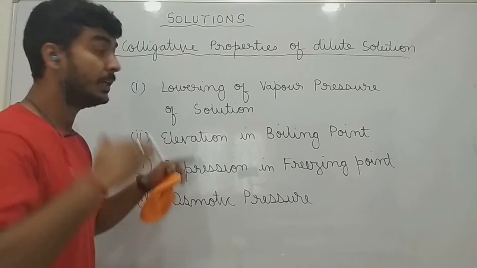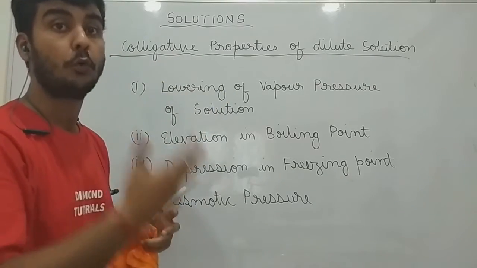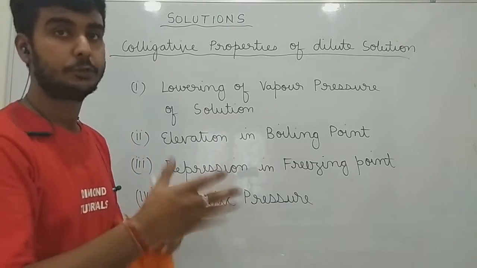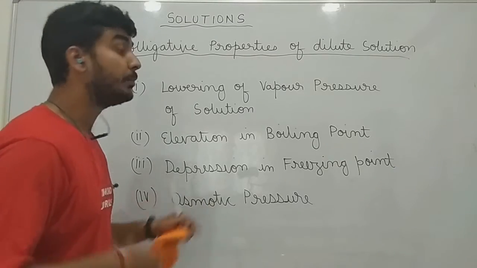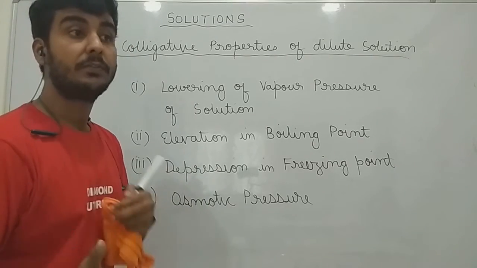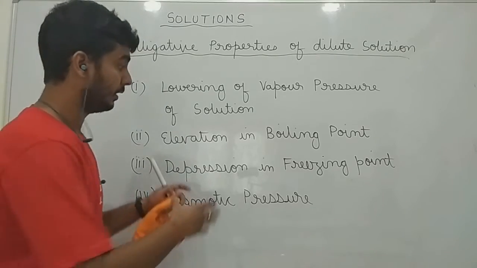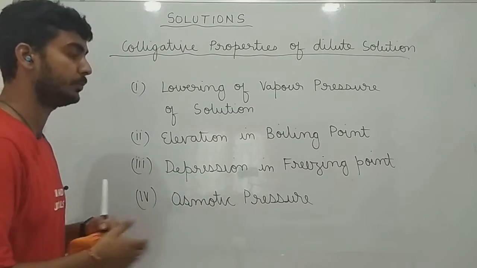Elevation means the boiling point of the solution increases when you add some non-volatile solute to it. The third is depression in freezing point. Depression means lowering, that is, the freezing point decreases. And the fourth will be osmotic pressure.